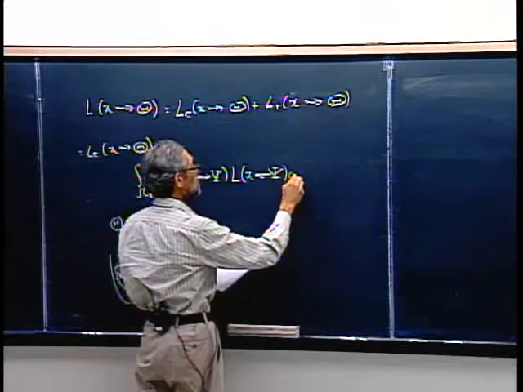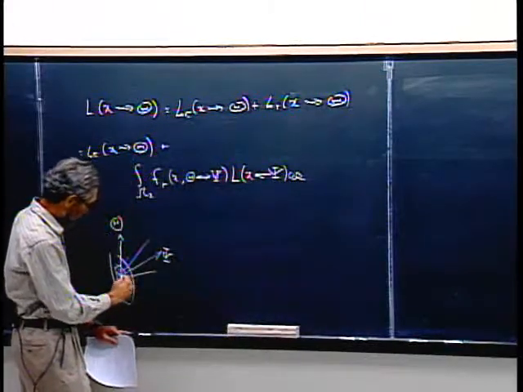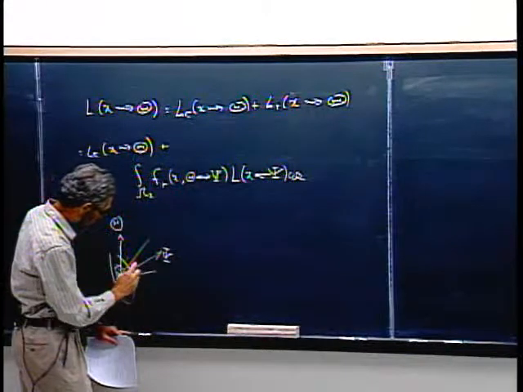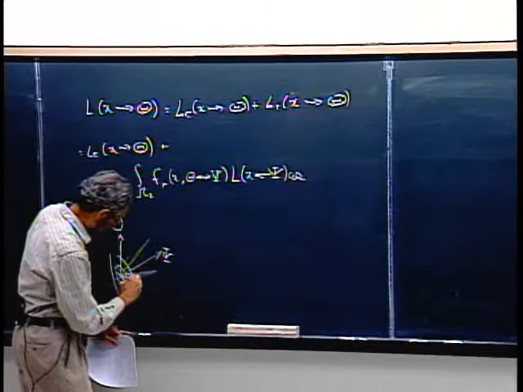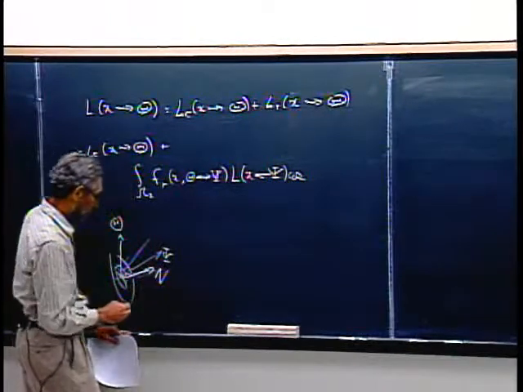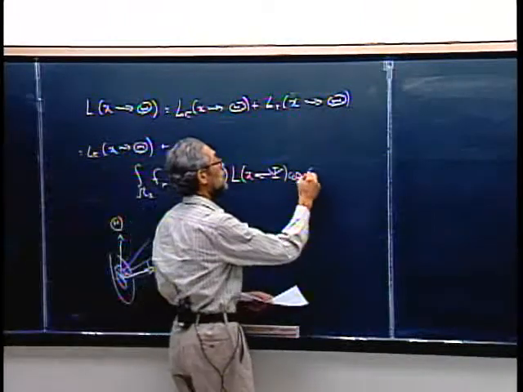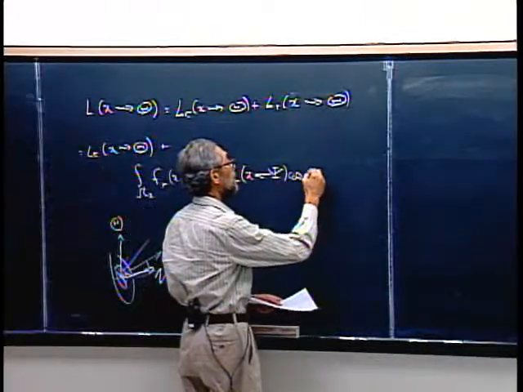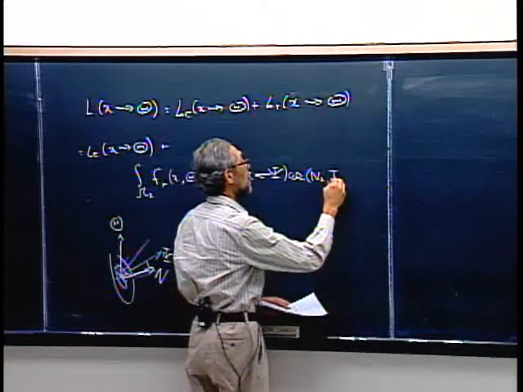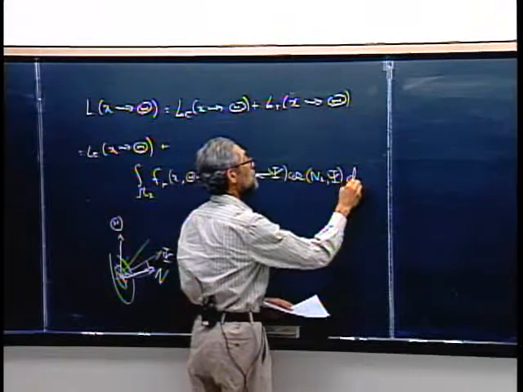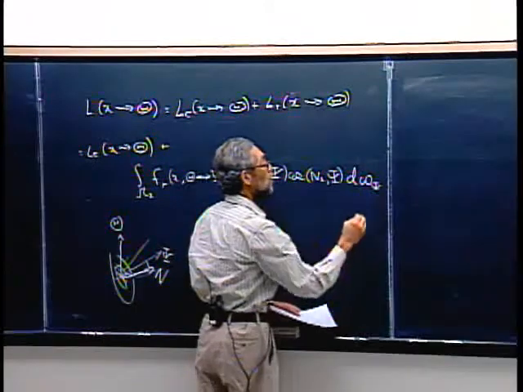And then we had a cosine of the angle between that direction psi and the normal to the surface. So it's this angle, which the book writes as cosine of n at x and the direction psi. And then d solid angle for the incoming direction.